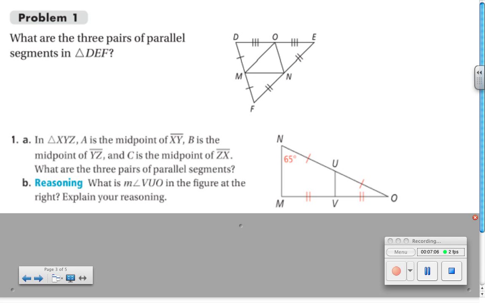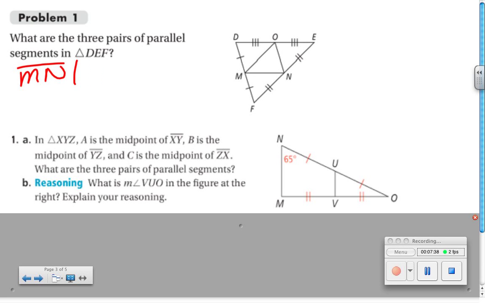Let's take a look at starting simple, just identifying sides that are parallel based on that first property of a midsegment. So in problem 1, I'd hope that you'd realize, based on the markings, that I have all 3 midsegments drawn in this diagram. So what's parallel to what? Which midsegment is parallel to what side of a triangle? MN is parallel to DE.